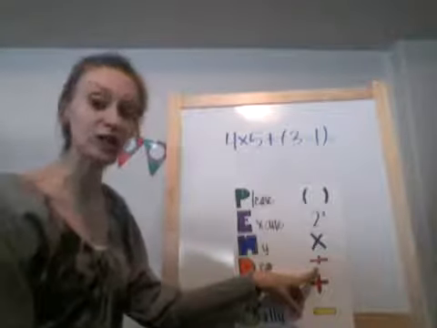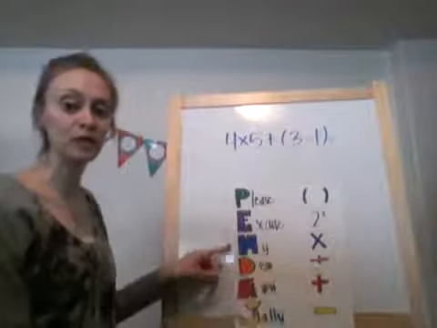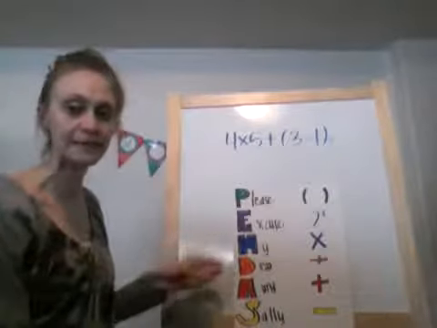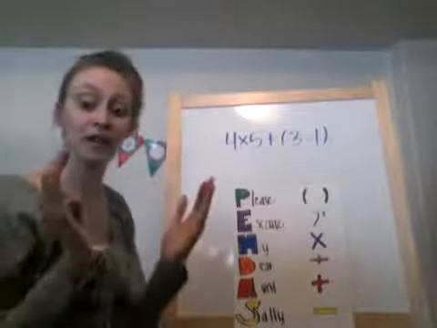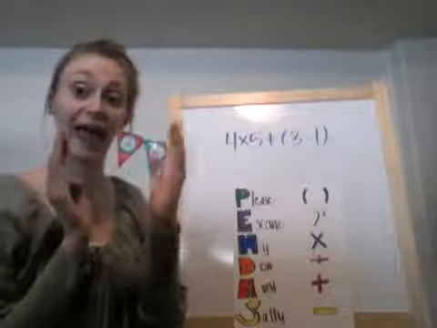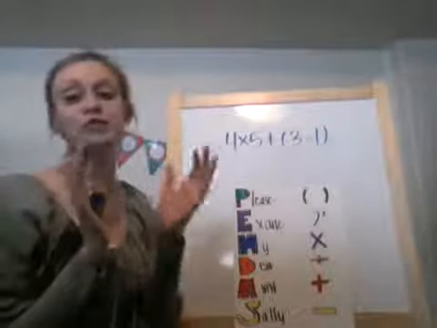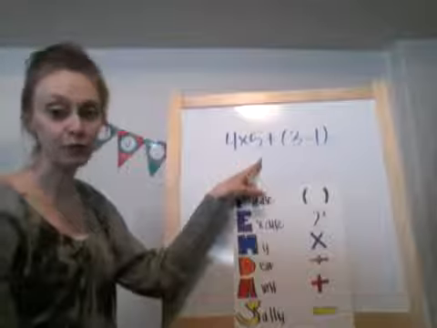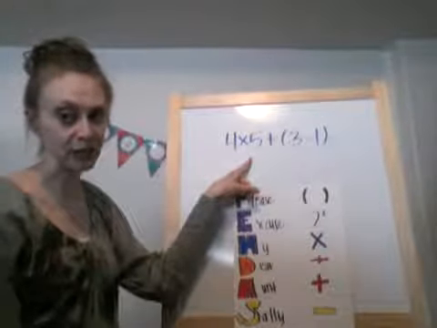Now the kind of cool thing that you need to remember is that multiplication and division can be switched around. Okay, which means if we have an equation that has both multiplication and division in it, we can do whichever one comes first in the equation. Okay, so for example, this would come first because this is multiplication.